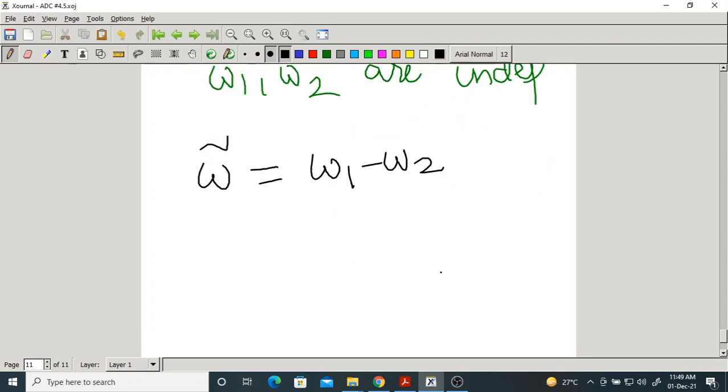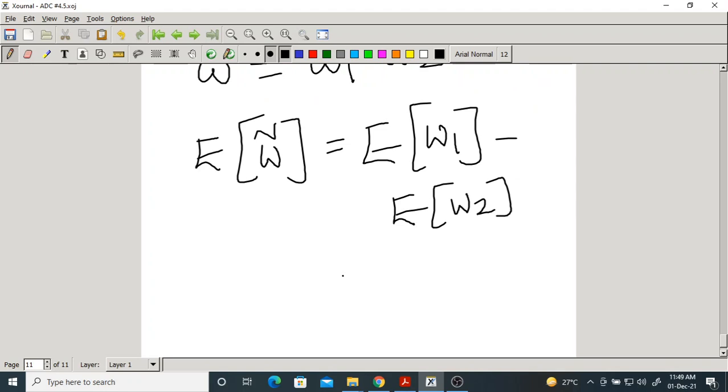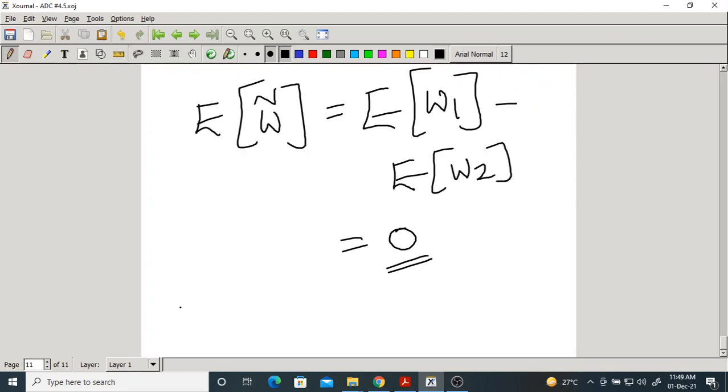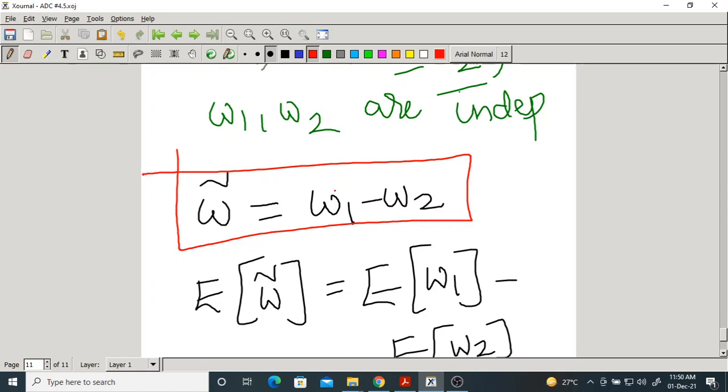What is the mean of W tilde? What is the expectation of W tilde? It is the expectation of W1 minus W2. Both have 0 mean, so the expectation of W tilde is 0. Now what is the variance of W tilde? Since W1 and W2 are independent, the variance of W tilde is nothing but the variance of W1 plus the variance of W2.